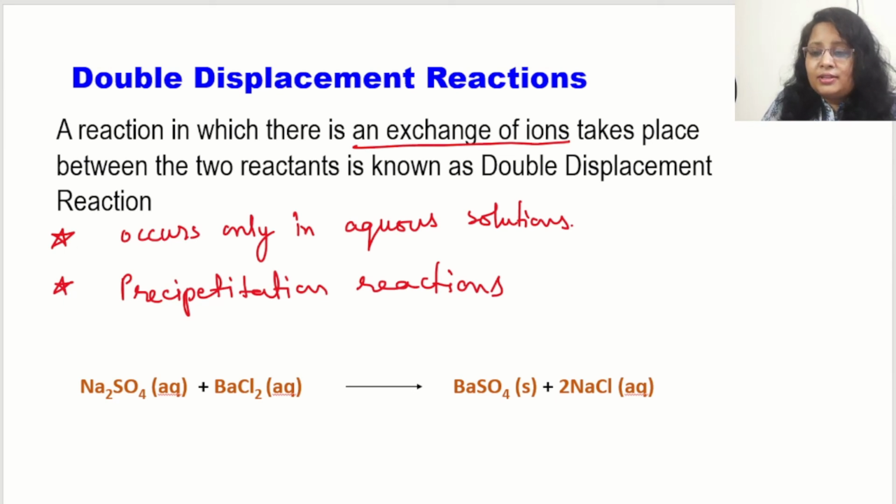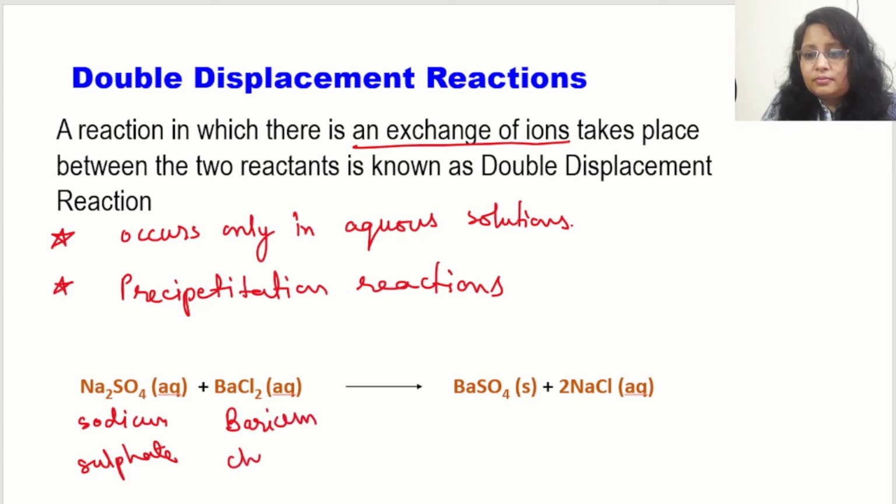So let's have an example. We have here sodium sulfate in the aqueous form, plus we have barium chloride. Now here what will happen?